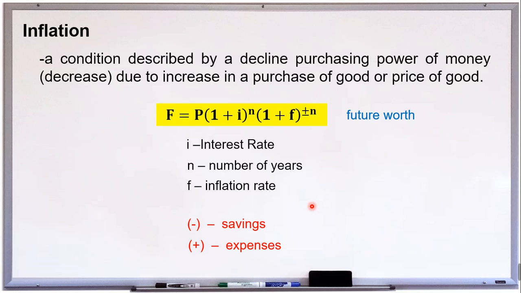Next, let's proceed to the concept of inflation. So when we say inflation, this is the decline of the purchasing power of money and the increase in the price of goods and services. This is an important indicator of the health of the economy of a certain country, because if we have a higher inflation rate, then it would be difficult for the people to buy goods and services.